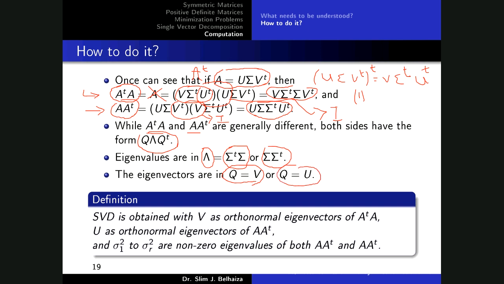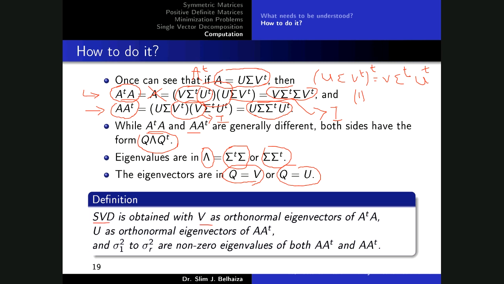So whether you consider that Q is equal to V in the first multiplication, so basically Q plays the role of V here, and in the second one you will say that Q is equal to U. Okay? So in definition we said that the SVD is obtained with V as orthonormal eigenvectors of what?